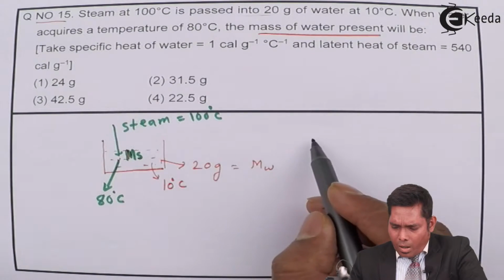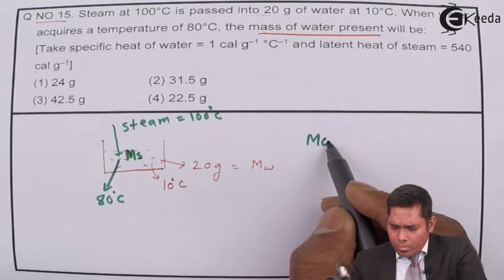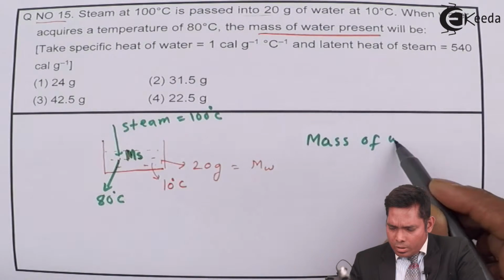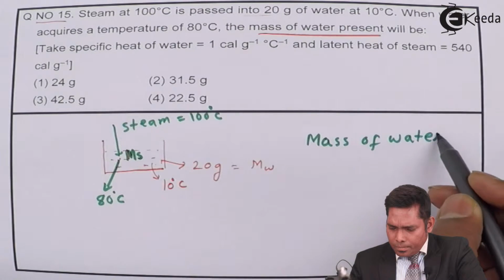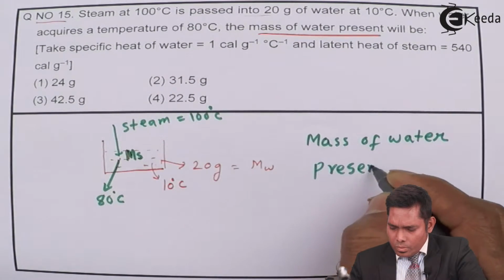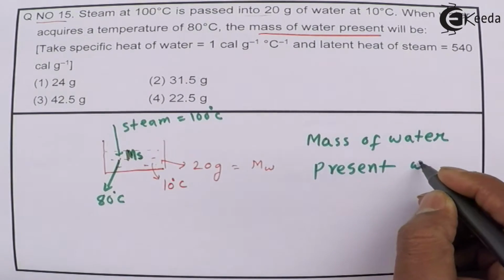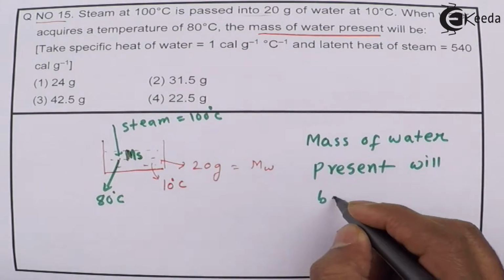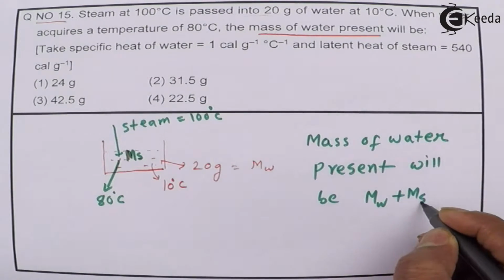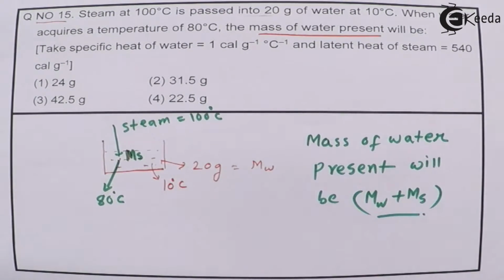So the total mass of water present will be the sum of mw plus ms.